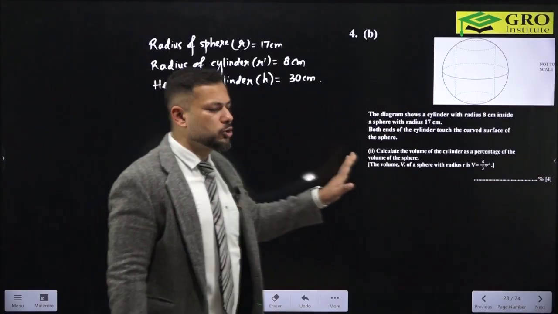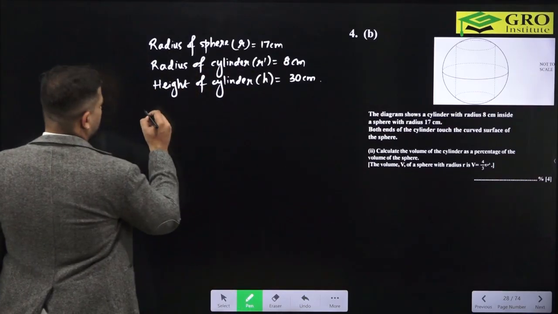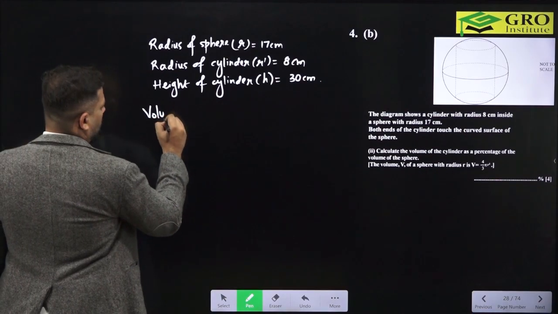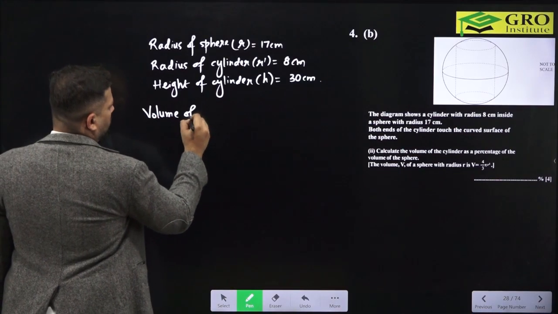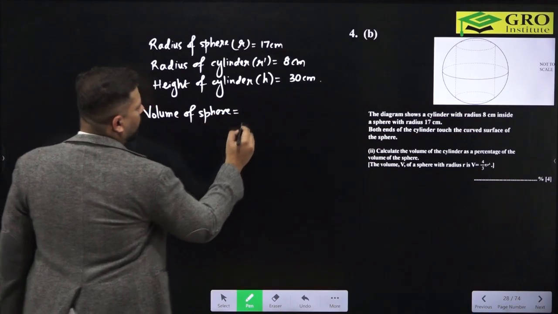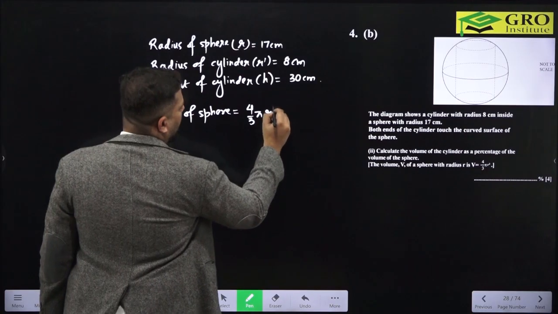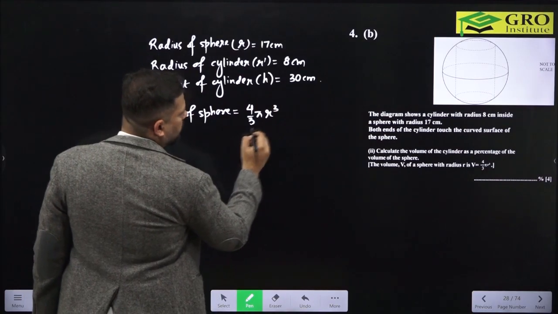This information is known to us. Let us first find out the volume of sphere. Volume of a sphere, as we know, the formula is 4 by 3 pi r cube. Let us substitute the values.